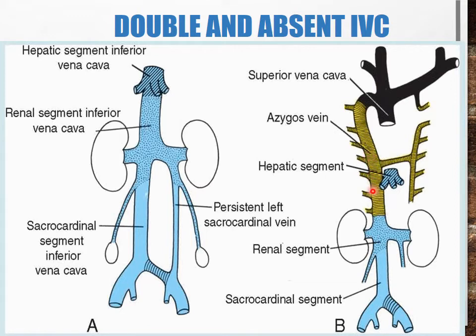Here you can see the absent inferior vena cava: towards the heart there is no inferior vena cava entering from the lower side. It is draining the blood directly into the supracardinal, which becomes the azygous vein, and then into the superior vena cava. So here you can label it the absent inferior vena cava.